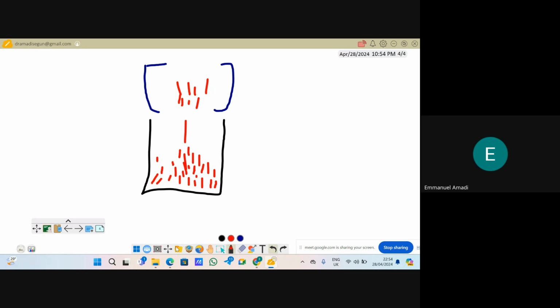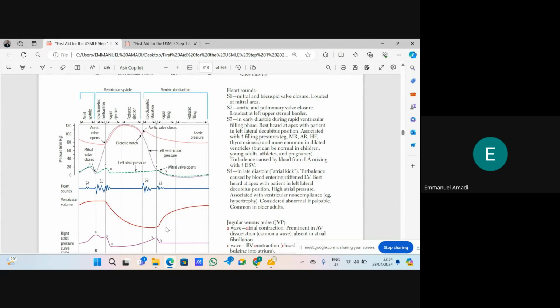That is the reason you see S3 in any condition that causes fluid accumulation in the left ventricle: mitral regurgitation, aortic regurgitation, heart failure. You can also see it classically in dilated cardiomyopathy.